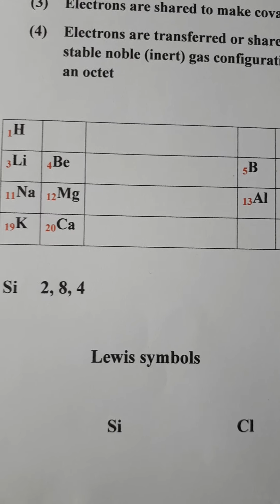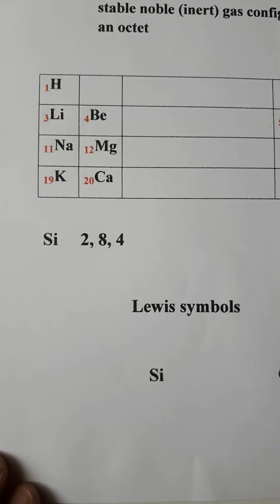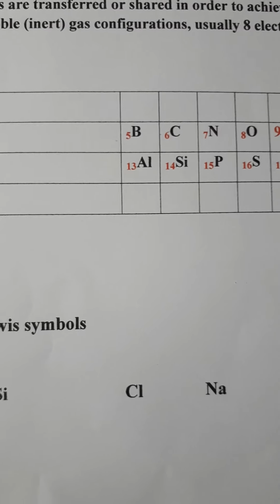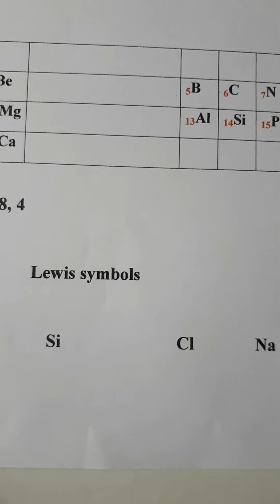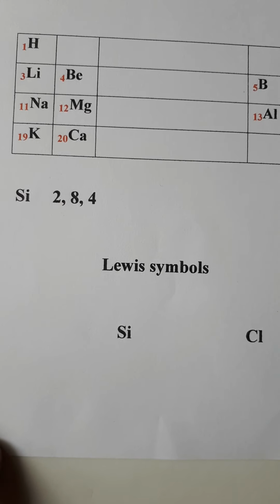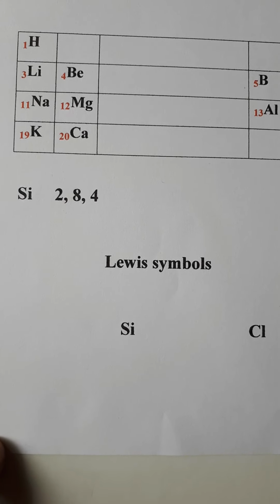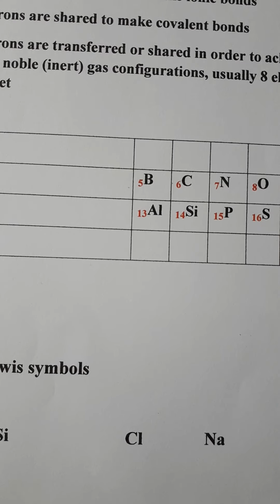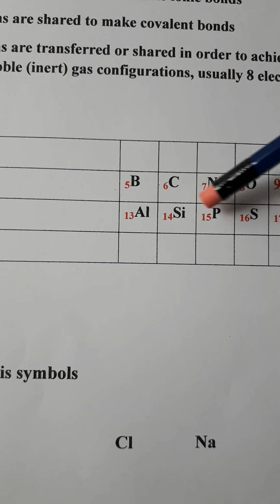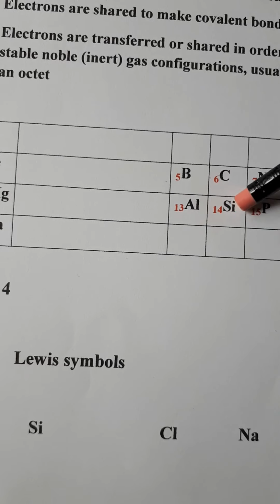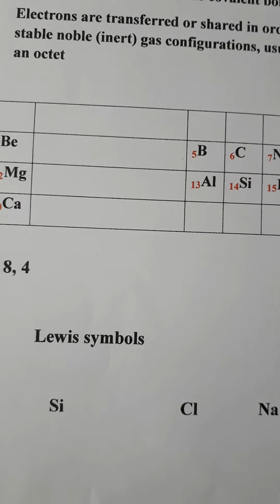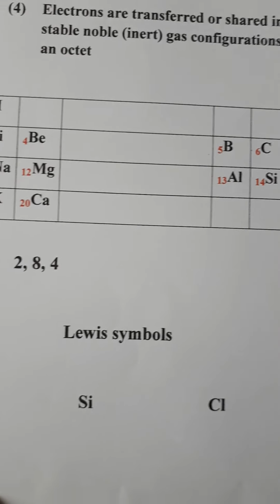So these are rough rules. Now there's a special way to draw these Lewis structures proposed by G.N. Lewis. If you look at the element silicon, we know it has 14 protons and 14 electrons.